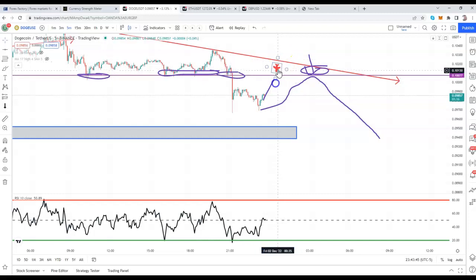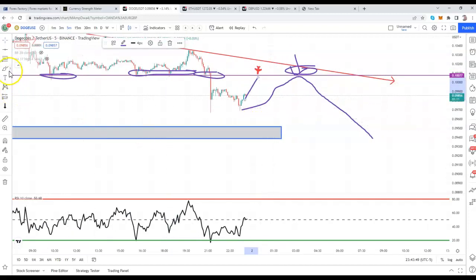So what does that confirmation look like? It could be a doji candle, which is something like this, maybe with a line here, or this with a line here, or this and a line here. There are all sorts of types of dojis, okay?